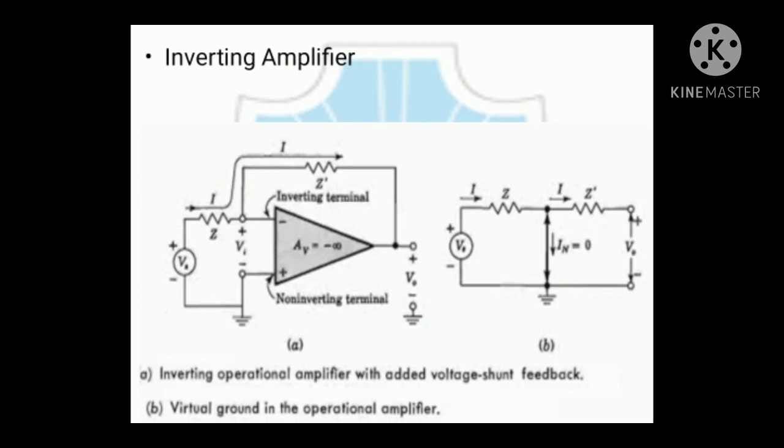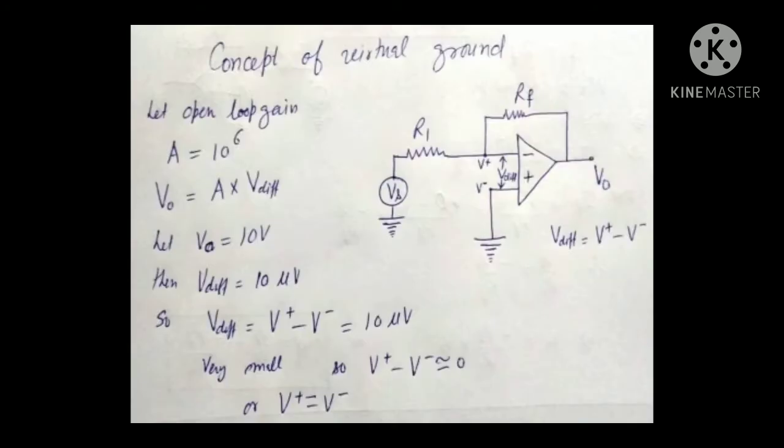As no current flows in the input terminal, we can say that the current I which flows through the impedance Z also flows through the impedance ZS.